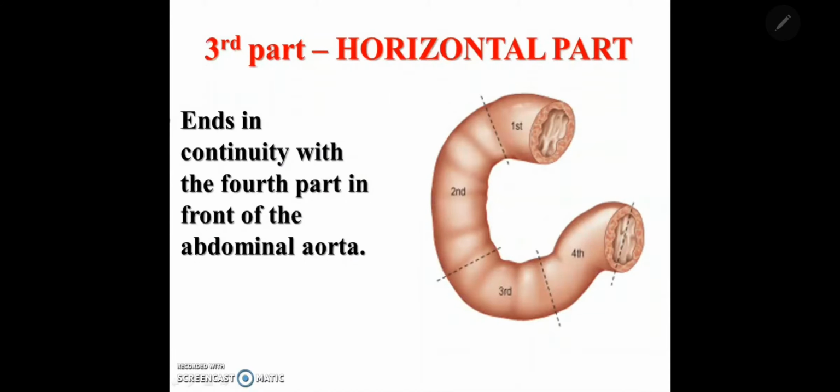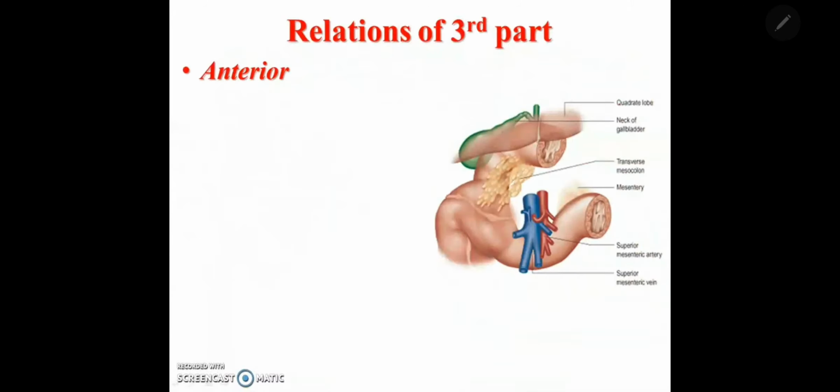And it ends with the fourth part on the right side of the abdominal aorta. Here you will see the part of the inferior vena cava here. So it passes in front of the big vessels of the abdomen.